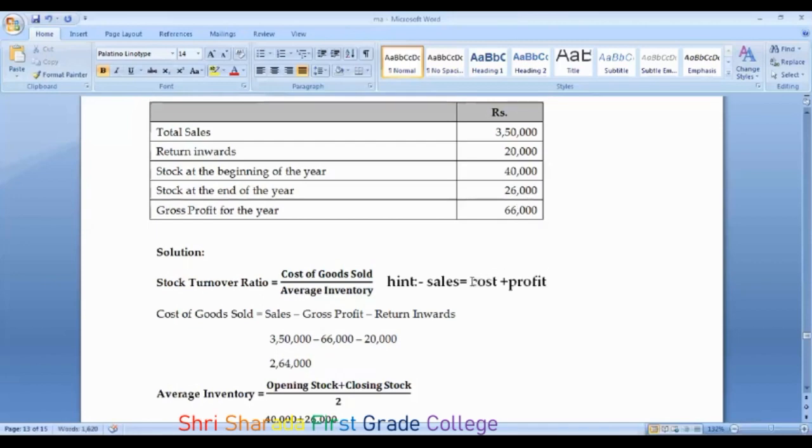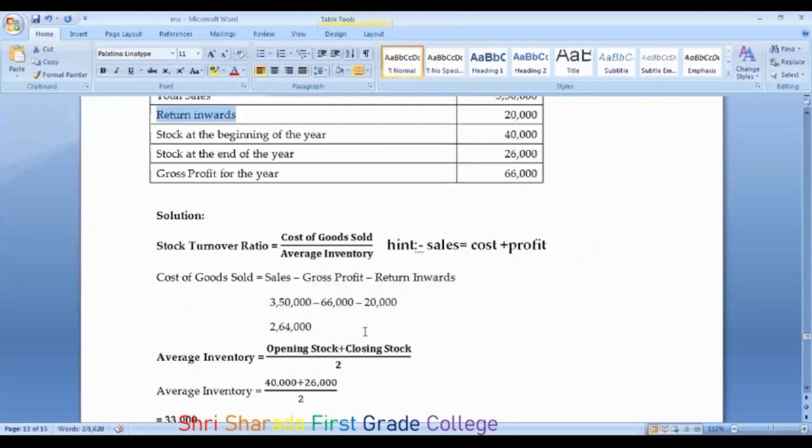As we require only the cost, sales will be minus the profit. So sales minus profit, and also there is information on returns, meaning sales returns, which will be deducted. So that gives you the cost of goods sold as 2,64,000 here.